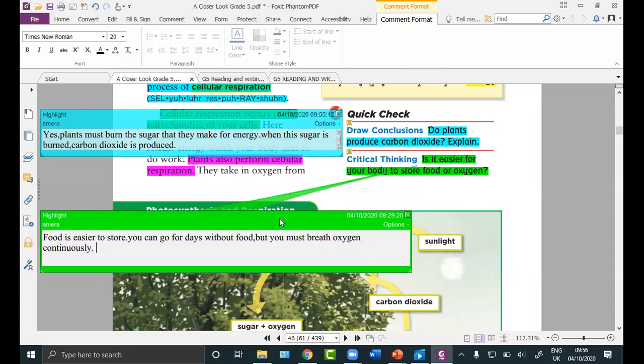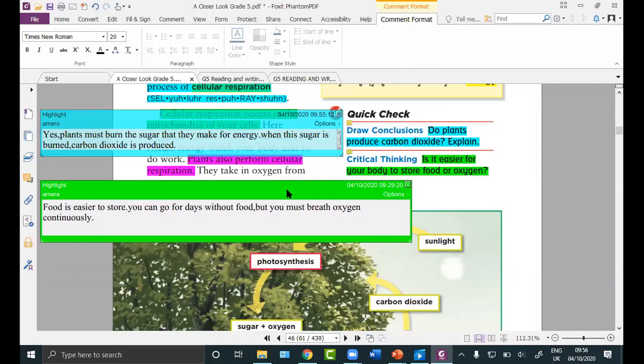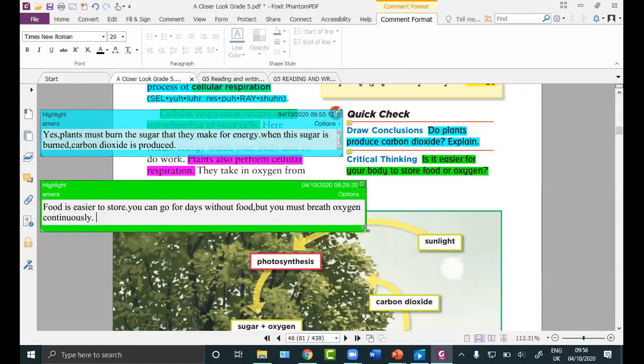There is no space, Mister. It's all black. When I write, I can't see any writing. Okay, you can write on your copybook. I'll take a screenshot. Yeah, you can make a screenshot.